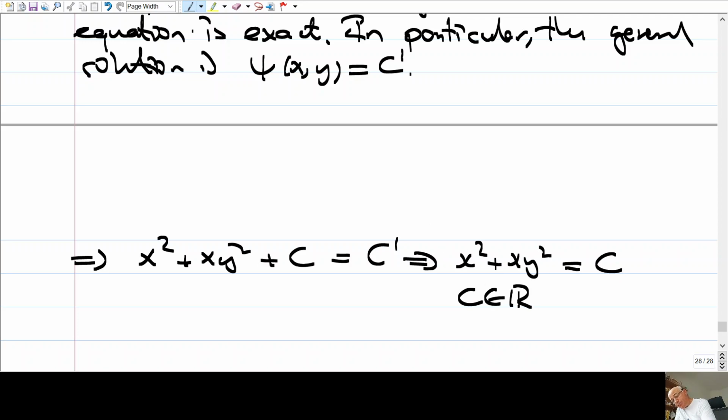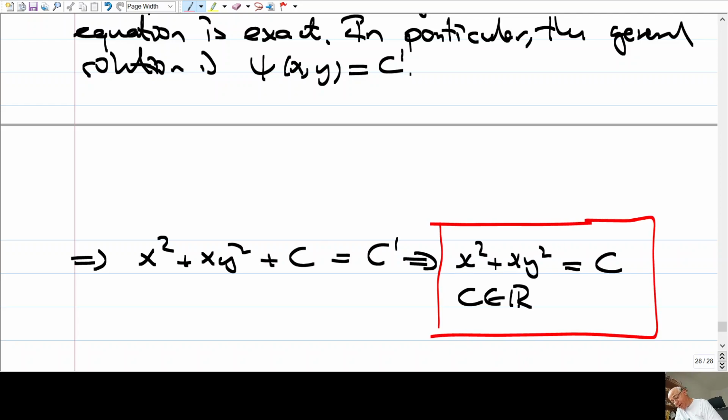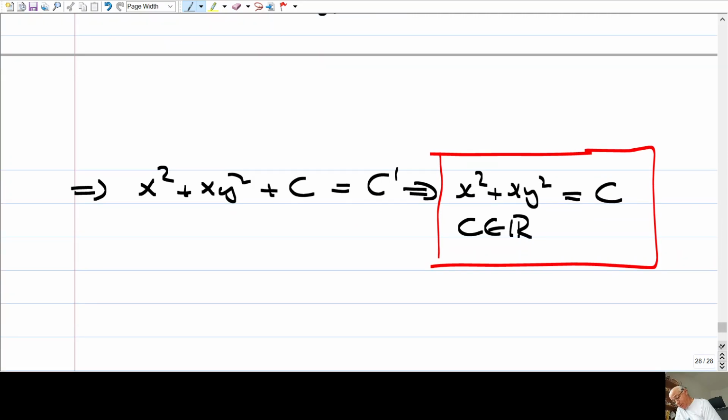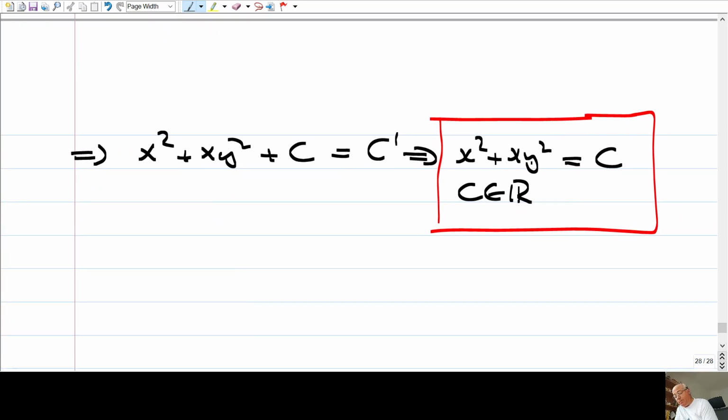So this is the solution, okay? In this example, actually, one may solve for y in terms of x, right?